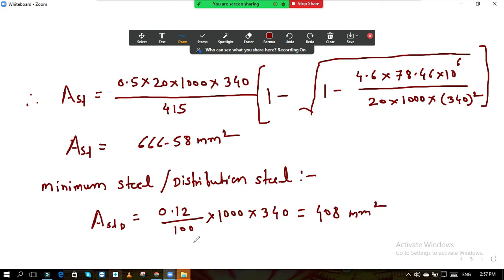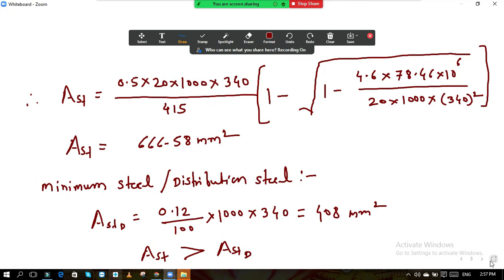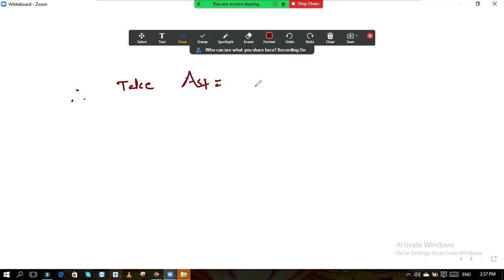So here your AST is greater than ASTD. Okay, so therefore take AST is equal to, what was the value, 666.58 mm square. Okay, now provide a 12 mm bar diameter.